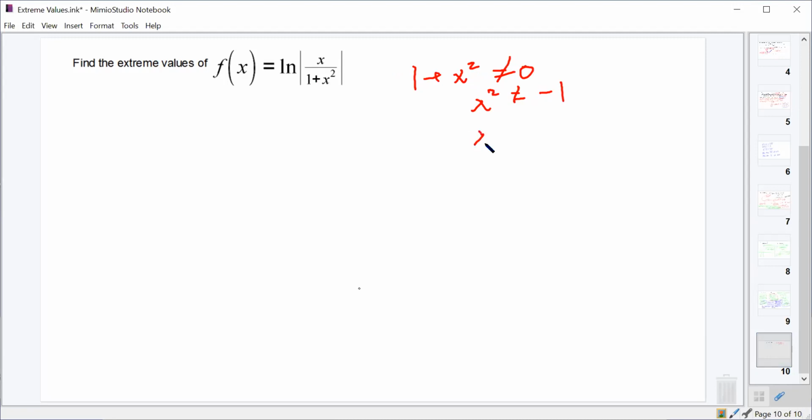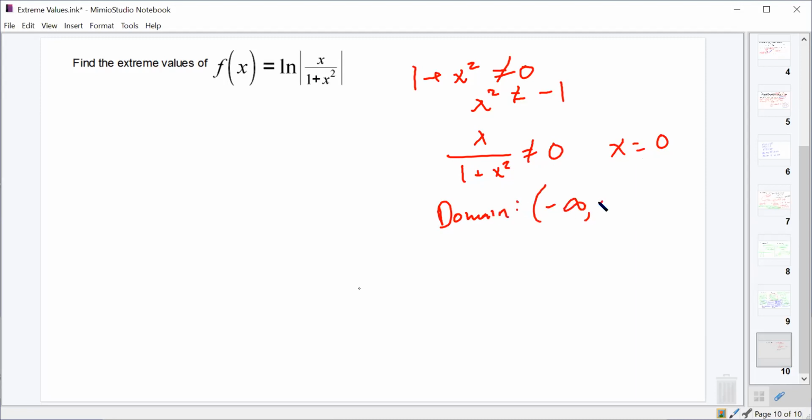Right, the whole thing, x over 1 plus x squared cannot equal 0 also. When does that happen? When the numerator x is 0. Right, so that'd be when x is 0. So we do have a restriction in our domain. Our restriction is that x cannot be 0. Yep.